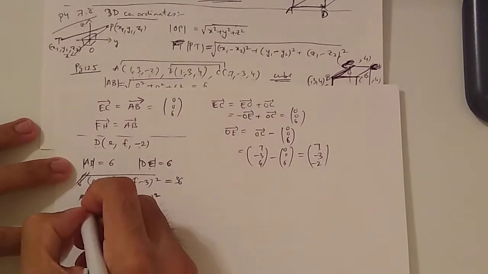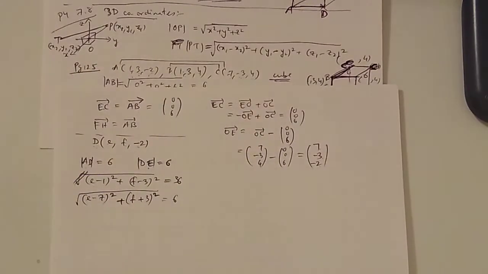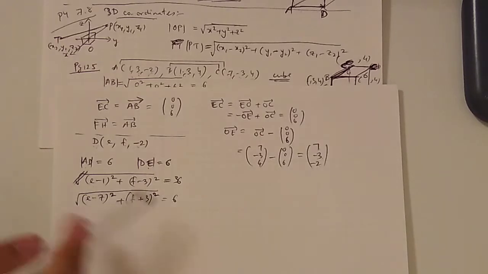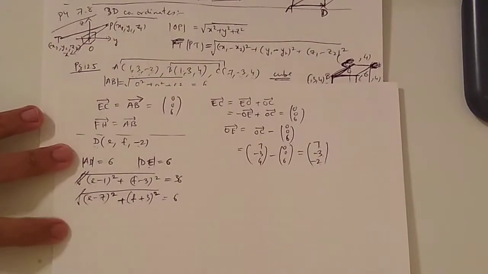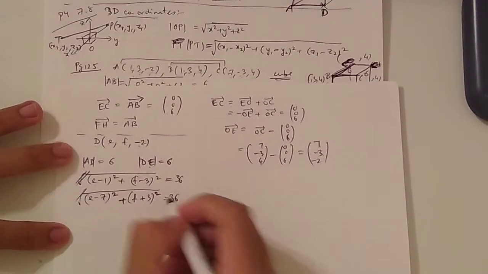Since they're sharing this coordinate, the z coordinate difference is going to be 0, so that term cancels out. The root of this answer gives you 6. Cancel out the root, we get 6 squared, and that is equal to 36.